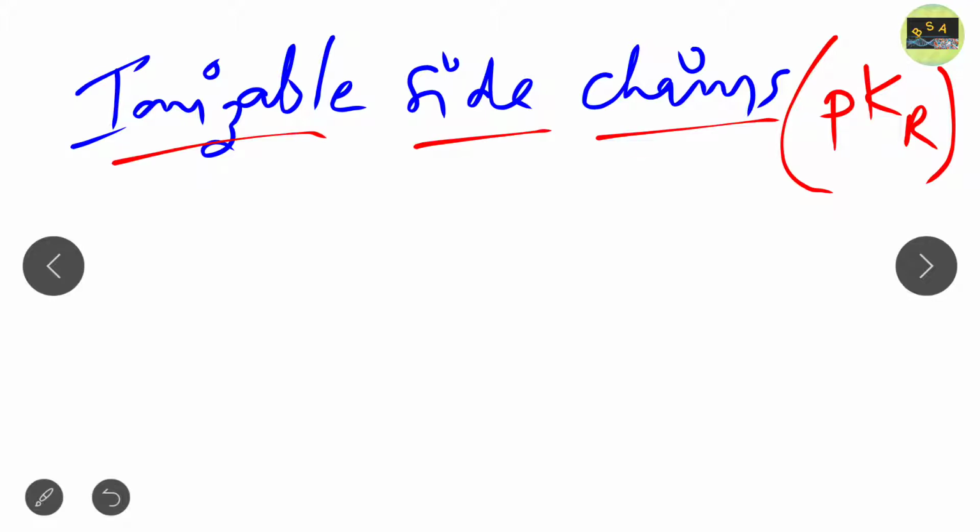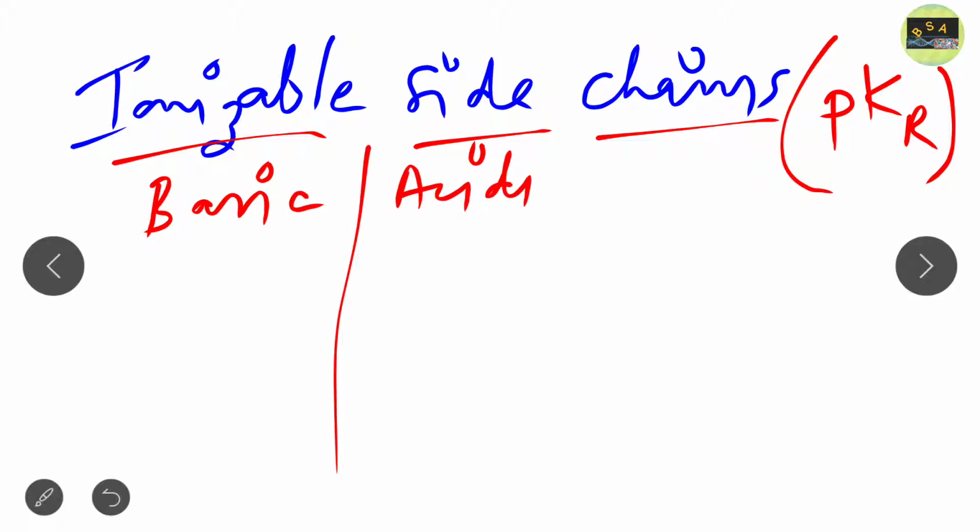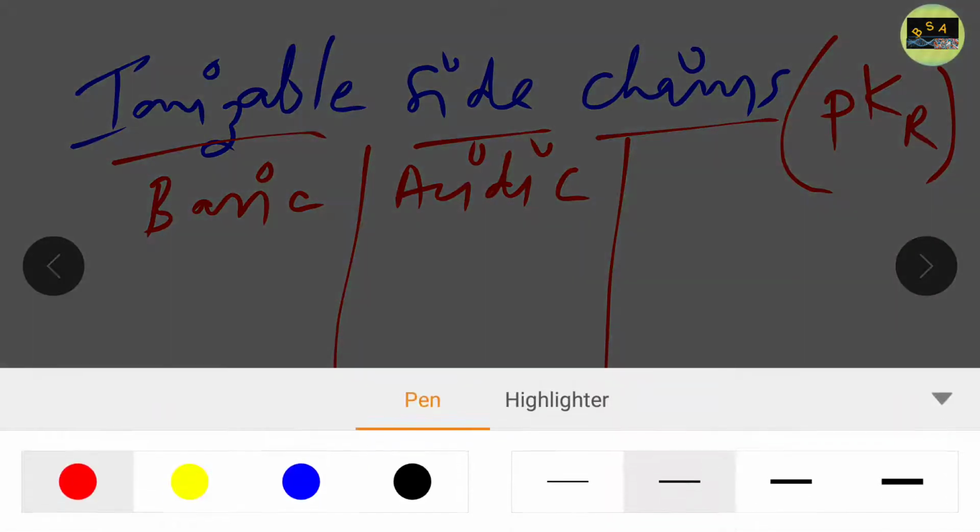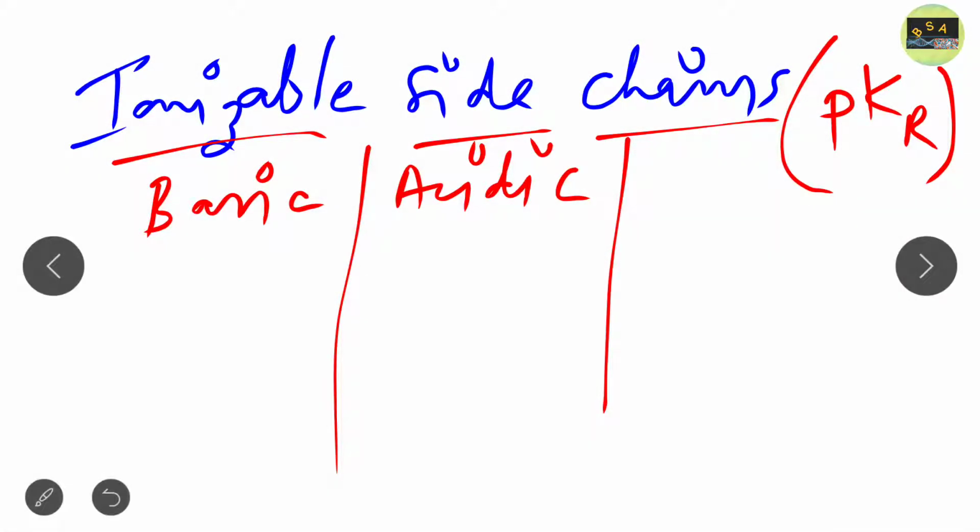The amino acids are, first, basic amino acids, second, acidic amino acids, and third, apart from basic and acidic, cysteine and tyrosine. C for cysteine, and the single letter for tyrosine is Y. The acidic amino acids are aspartic acid, that is D, and glutamic acid, that is E. Clear?